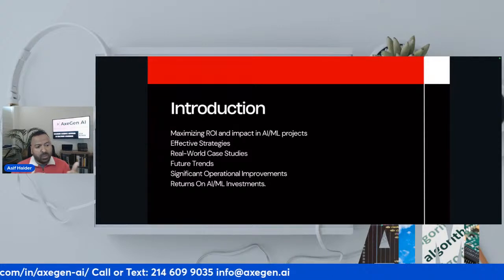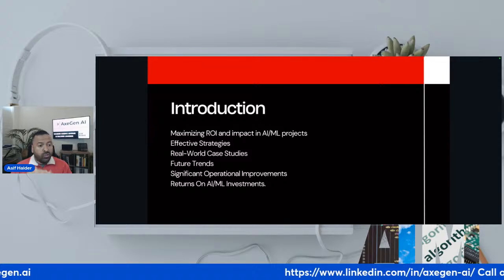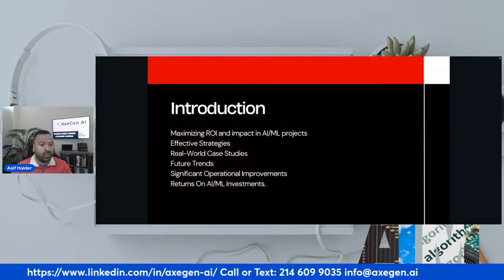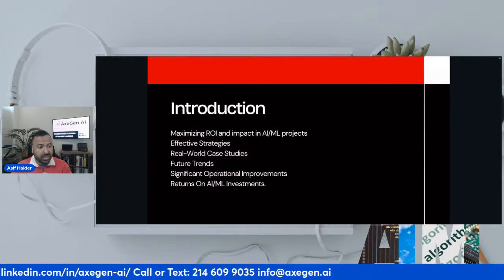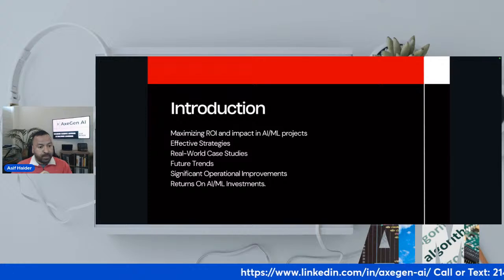I'll talk a little bit about the real world case studies, which I hope you'll find interesting, because what you see right up front is not necessarily what you deliver on day one. There are version iterations that you have to work with in order to have these case studies become part of your reality and your day-to-day operation, or the demand signals that you're meeting with your endpoint users.